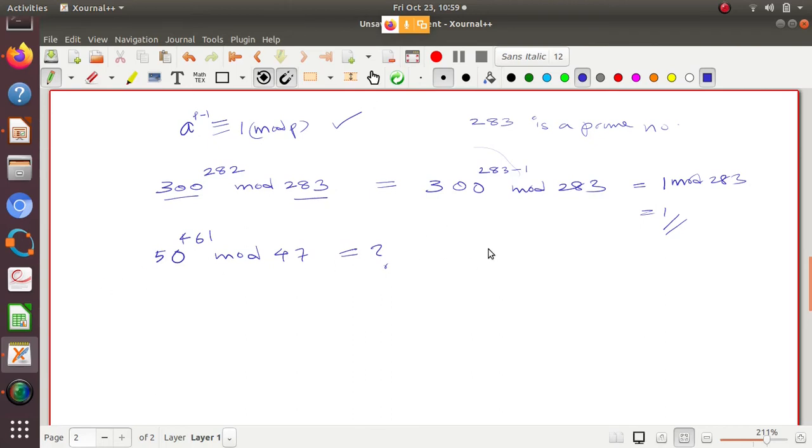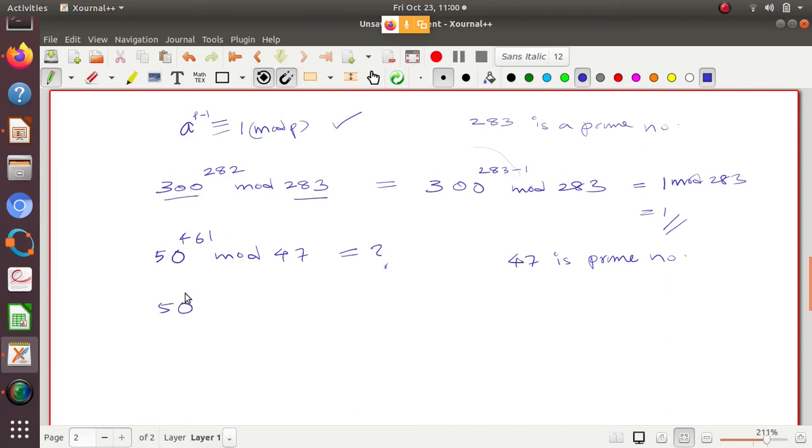Here we know that 47 is a prime number, and 50 is not divisible by 47, because 50 is not a multiple of 47.